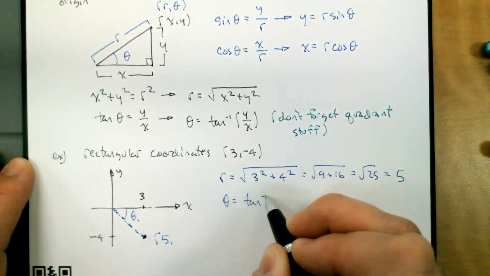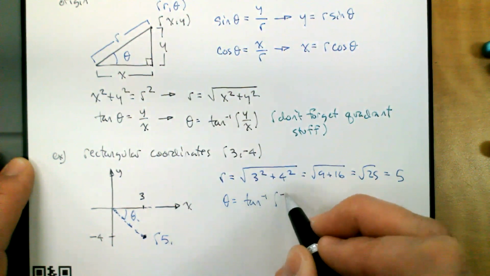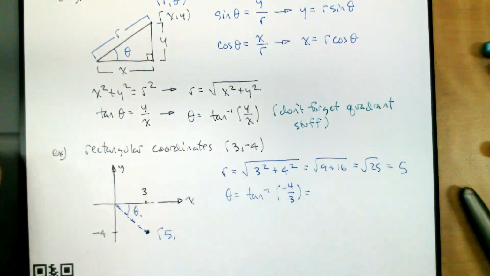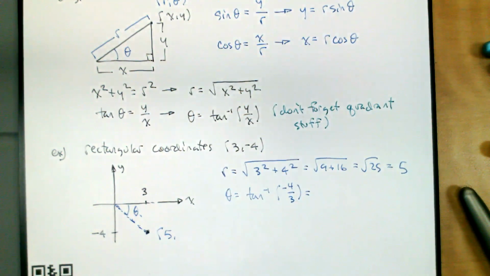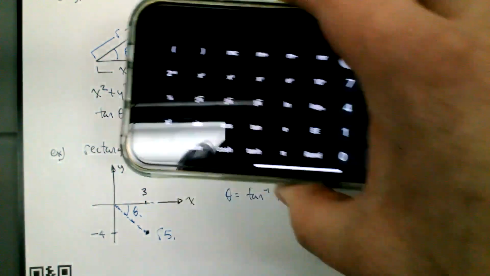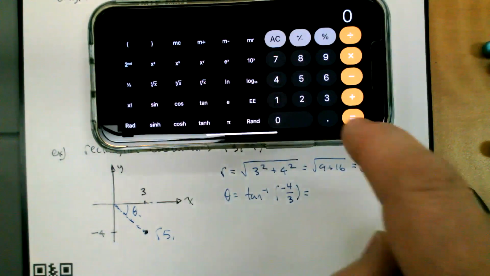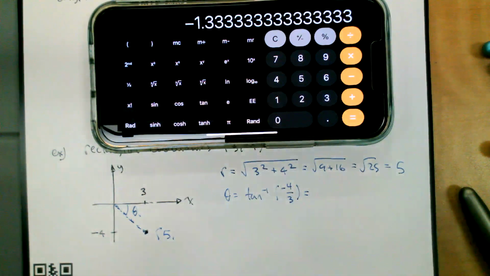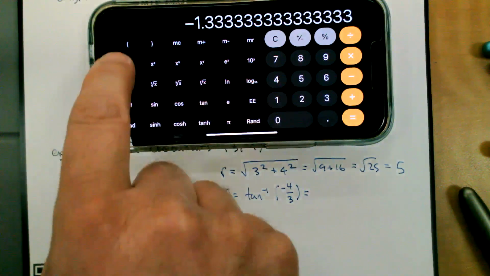You just drop in tangent inverse of y over x. We got -4/3. And I want tangent inverse.